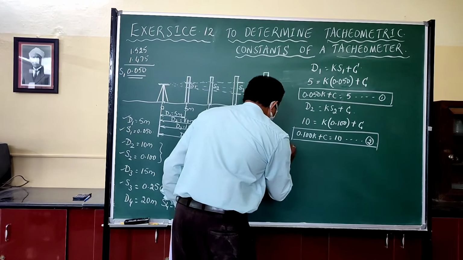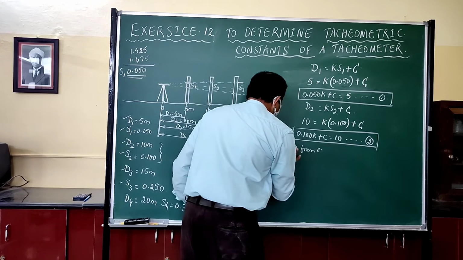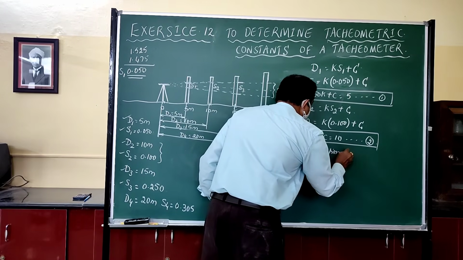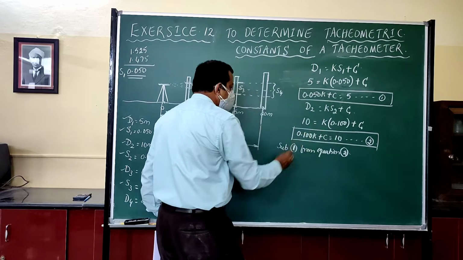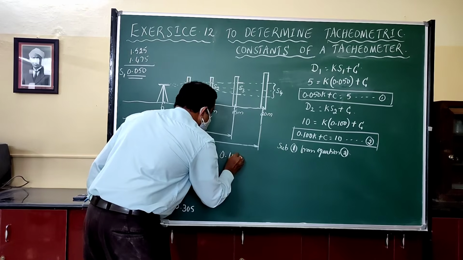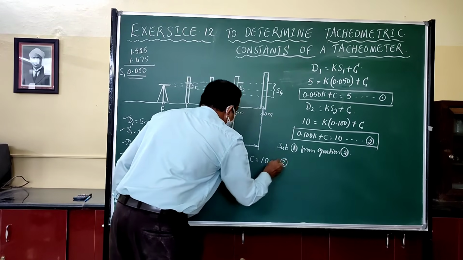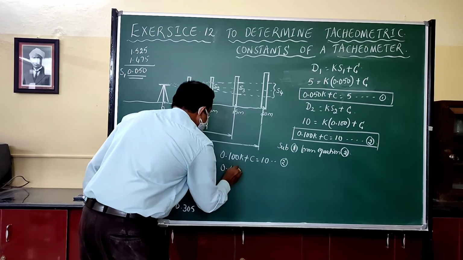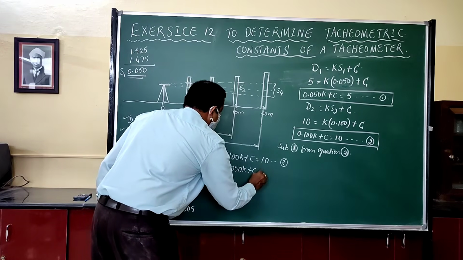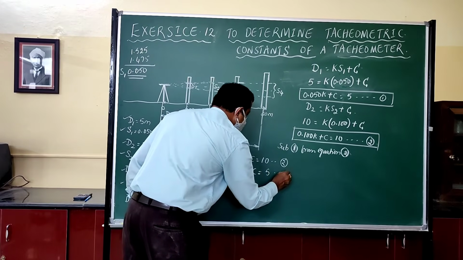So, I will subtract equation 1 from equation 2. That is 0.100 K plus C is equal to 10. This is equation 2. 0.050 K plus C is equal to 5.